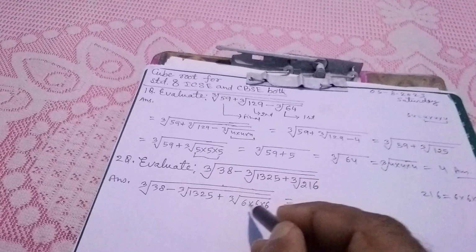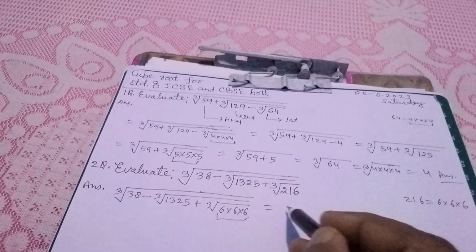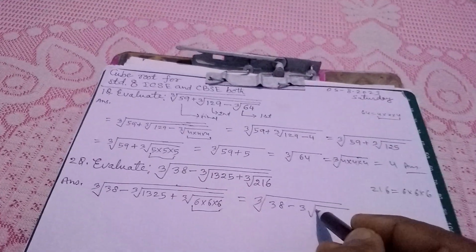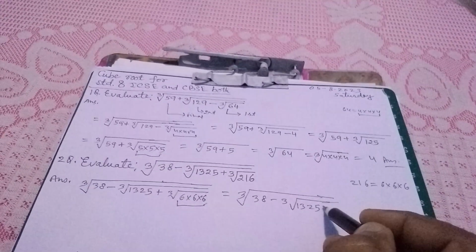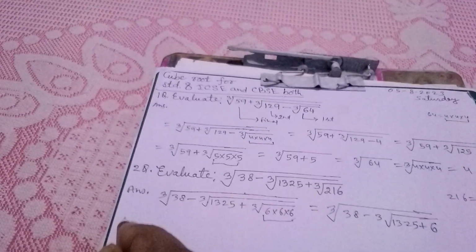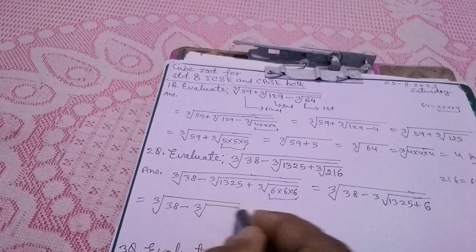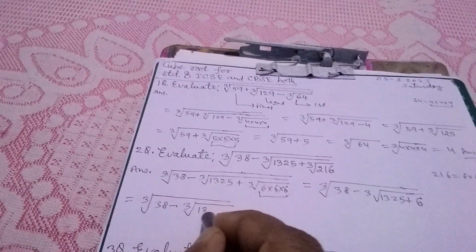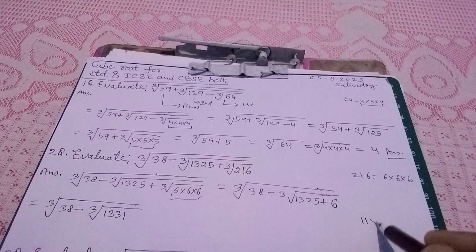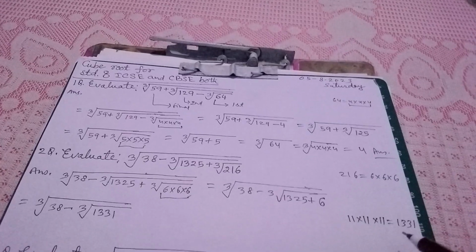That means for these three factors, one factor will be out, and that will be the cube root of 216. So cube root of 38 minus cube root of, now this you add, and then we get 1331. And you know 11 into 11 into 11 is equal to 1331.